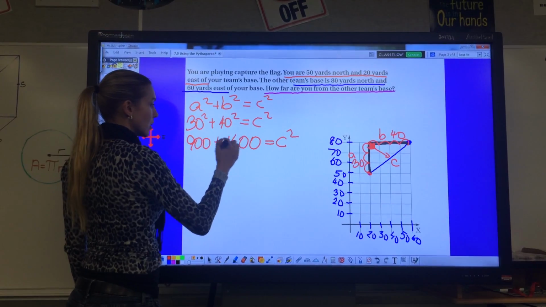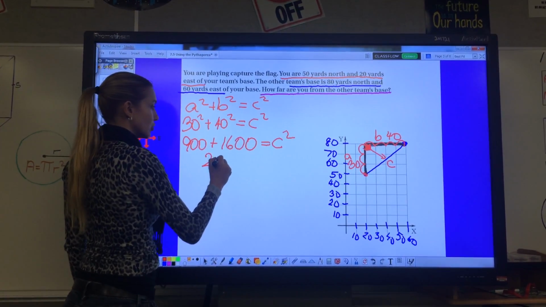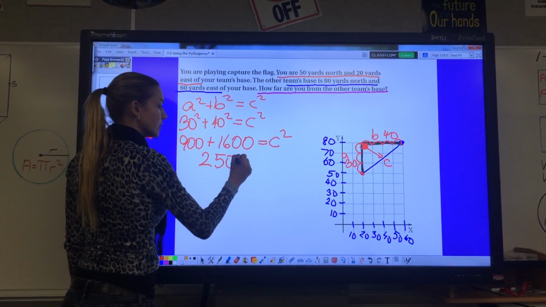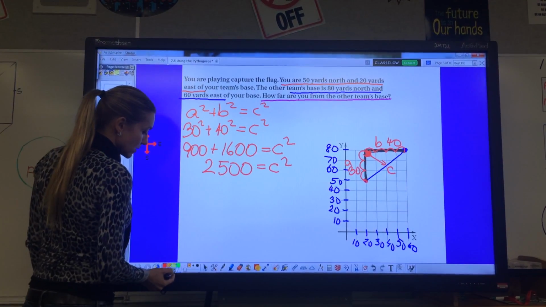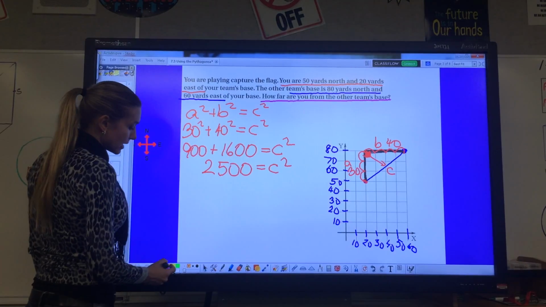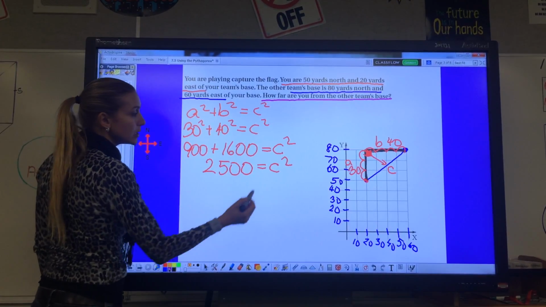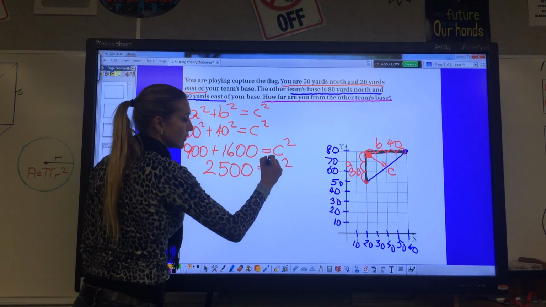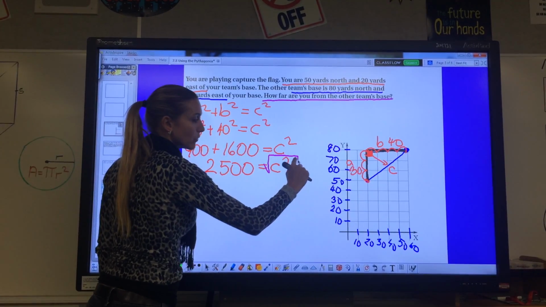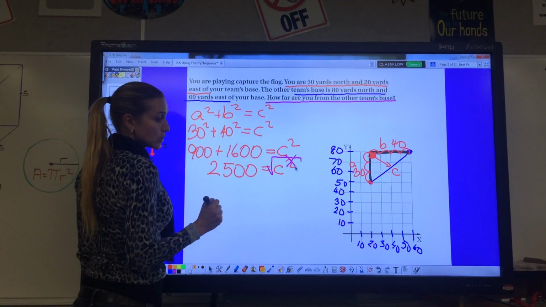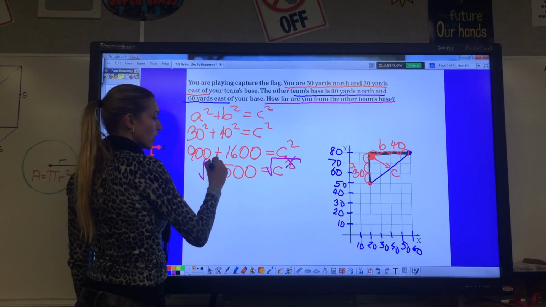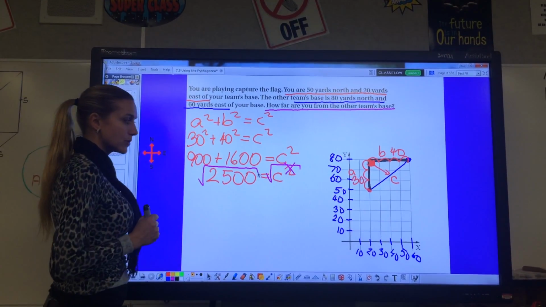If I add these two up, I get 2,500 equals C squared. Remember, I just want C, so that means I want to get rid of the exponent. To get rid of a square, I have to use the radical, which is also a square root. The exponent will cancel. What I do to one side, I do to the other side.